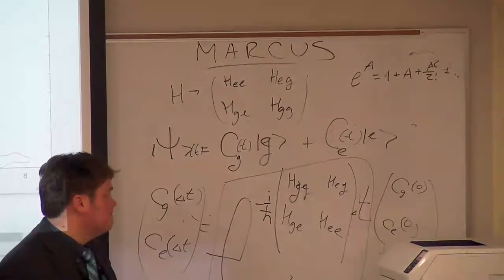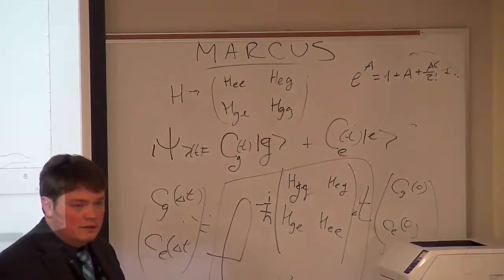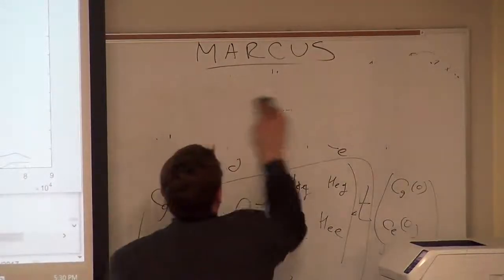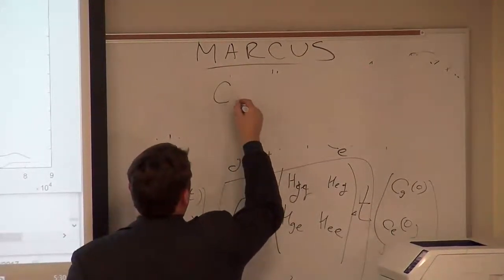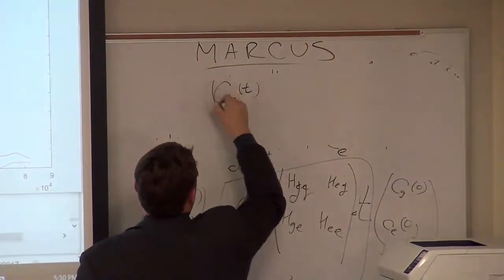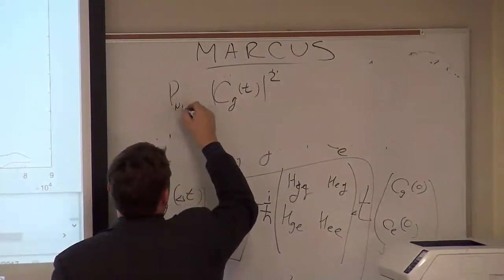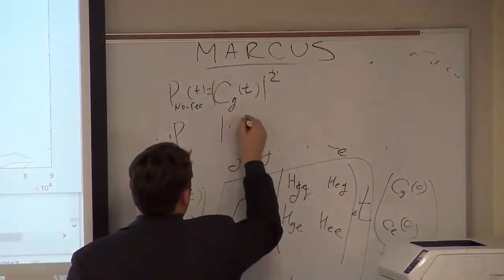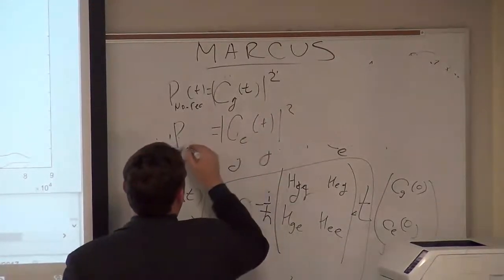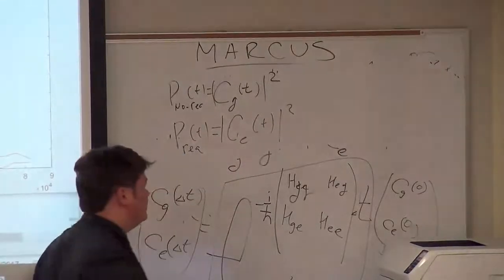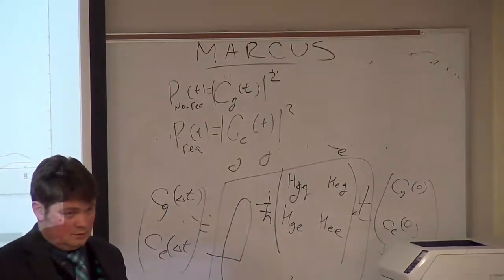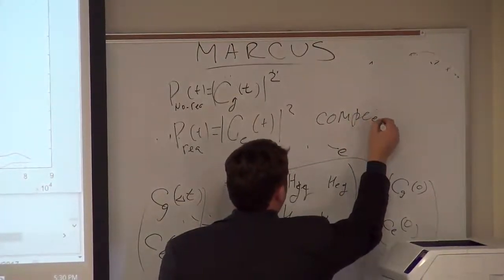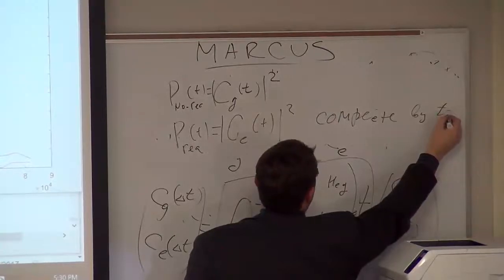Well, the rates that we need to get can be expressed as: C ground of t absolute value squared will be the probability of no reaction by time t, and C excited of t absolute value squared will be the probability that by time t the reaction has completed, right?